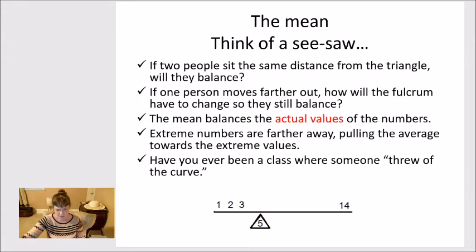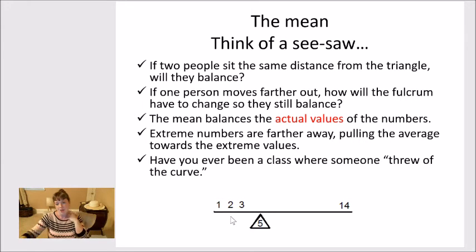Now, if we were just considering me and two of my sisters-in-law, 1, 2, and 3, the average would be 2, right? My average would balance out because there would be one above me from 2 to 3 and one below me from 2 to 1, right? 2 would balance the 1, 2, and 3 perfectly. There'd be the same amount of siblings above and below 2.